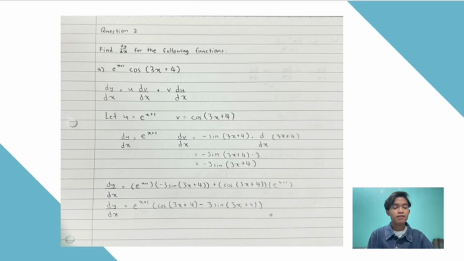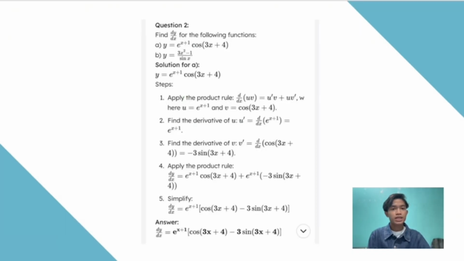Finally I factor out the e power of x plus 1, so dy over dx is equal to e power of x plus 1, in bracket, cos 3x plus 4 minus 3 sine 3x plus 4. For my answer, I will check it on Math Solver. So here is my final answer that I've checked in AI.